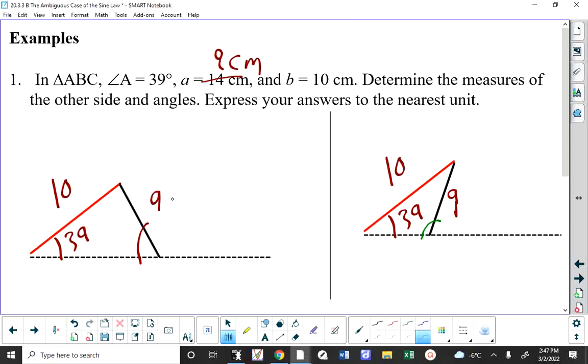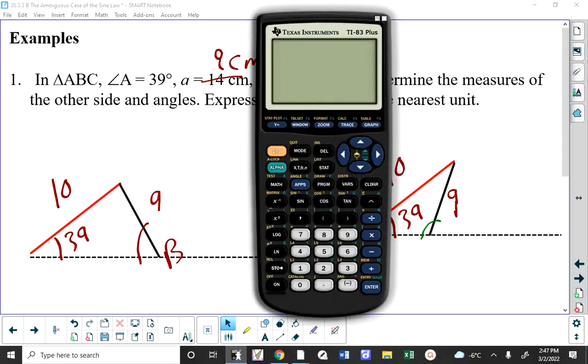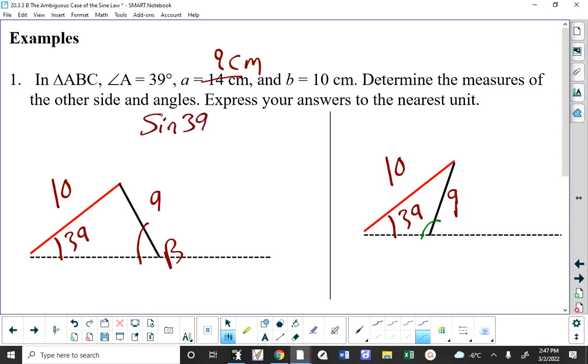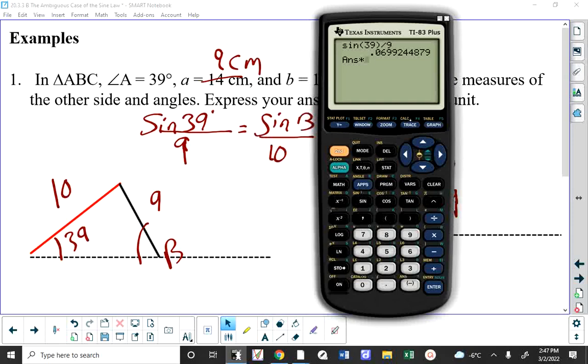If you use the sine law here to find this angle, which is angle B, it would be sine of 39 over 9 equals sine of B over 10. You would get, for this angle B on the diagram on the left, 44 degrees. Are you with me? Okay.